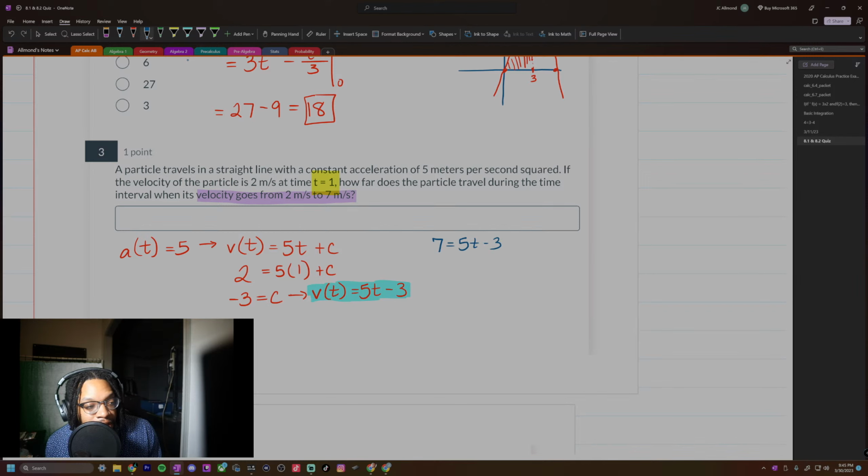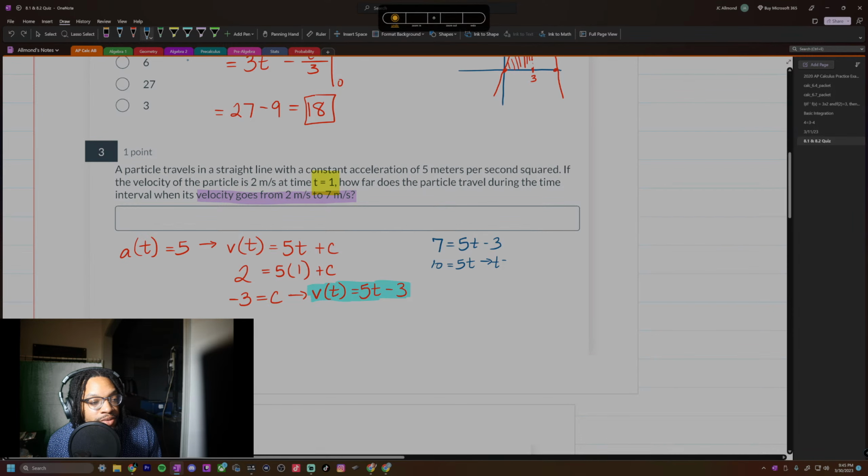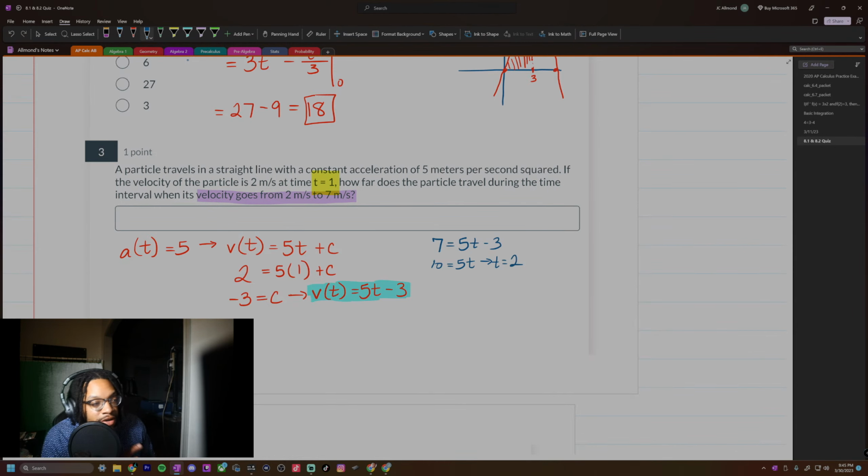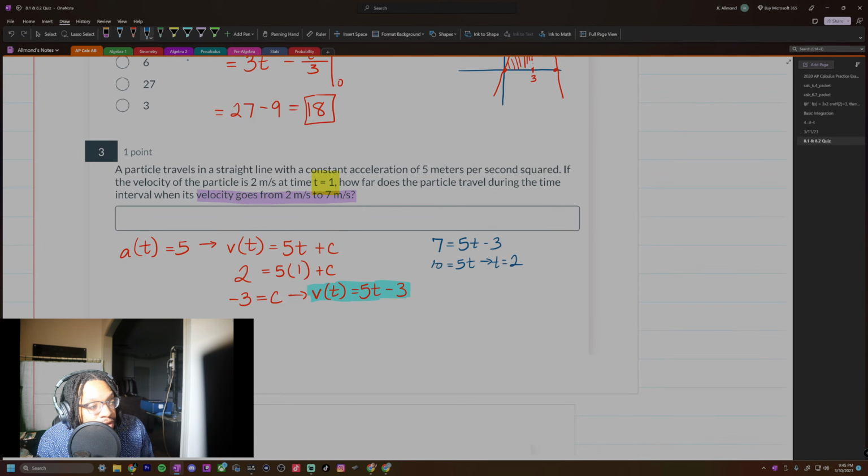So I just solve for time. If I add 3 to both sides, I'll get 10 equals 5t. And then I will find out that my other time interval is 2. I mean, my t value is 2. So I'm trying to figure out how far the particle travels from 1 second to 2 seconds.